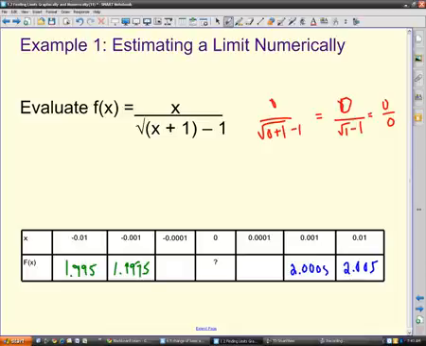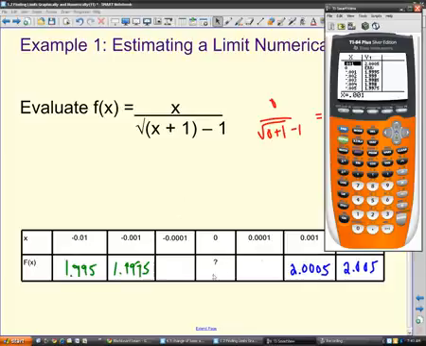Well, let's go one more. And you can probably make a guess at what's going to happen at 0. But this time I'm going to go to my table set, and I'm just going to insert another 0. Insert another 0, so I have 3 zeros. And then down here, I'm going to do the same thing, insert another 0, instead of typing it all over again.